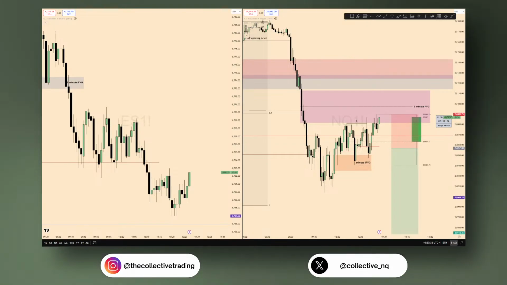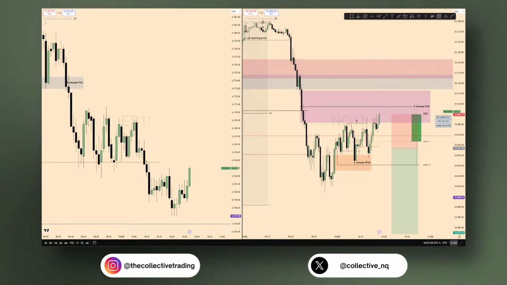Yeah, ES is really close to Asia low. Look, it dropped real close.